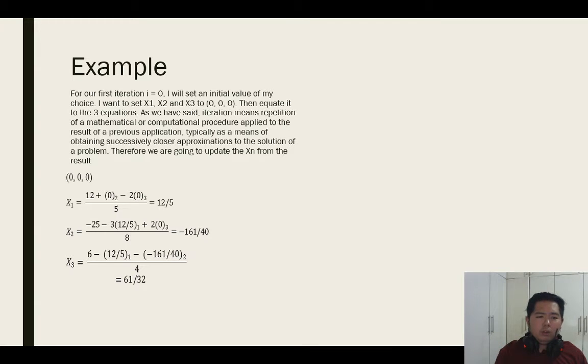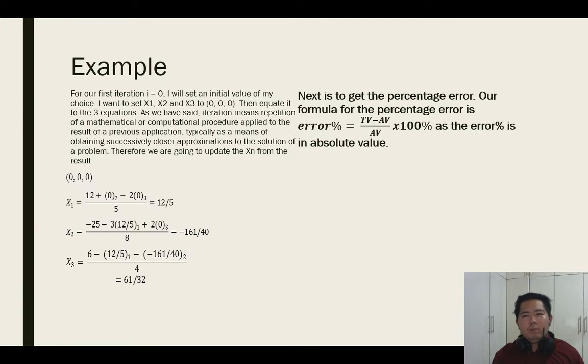We do the same step for x3. We obtain 6 minus 12 over 5 minus negative 161 over 40, all over 4, which gives us 61 over 32.